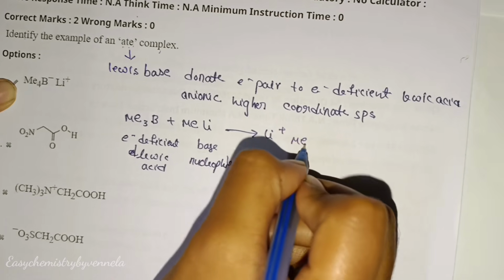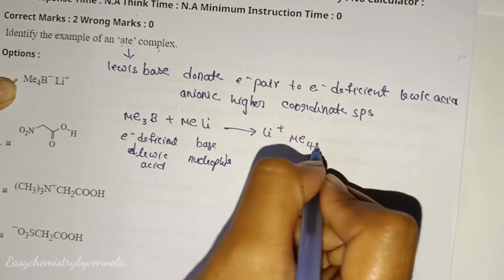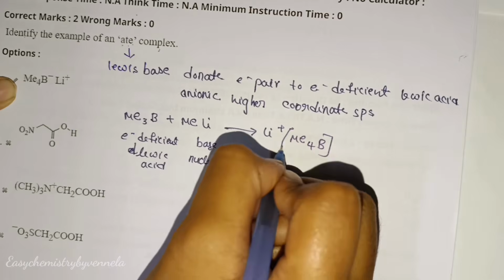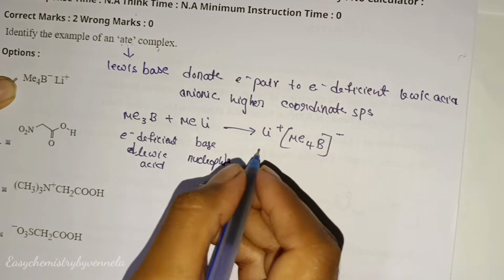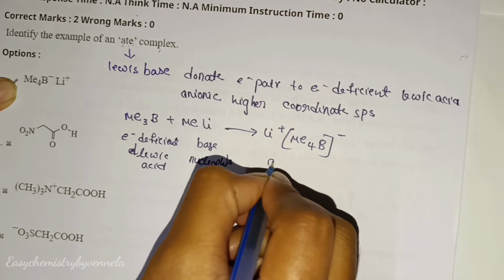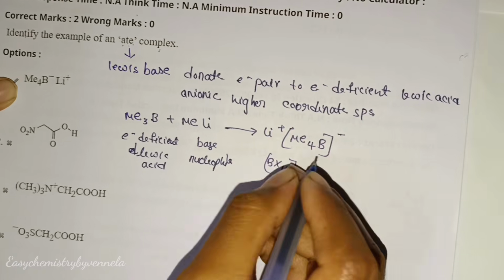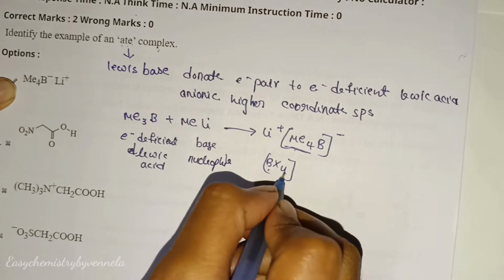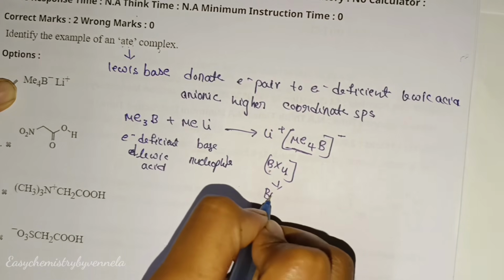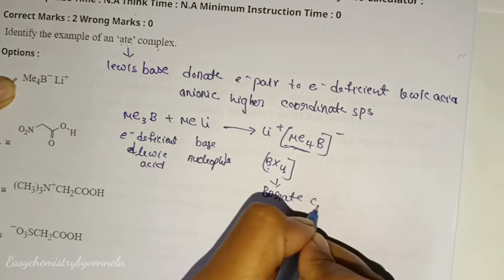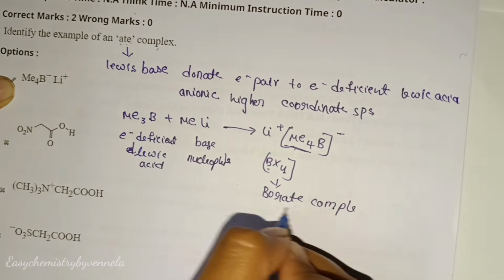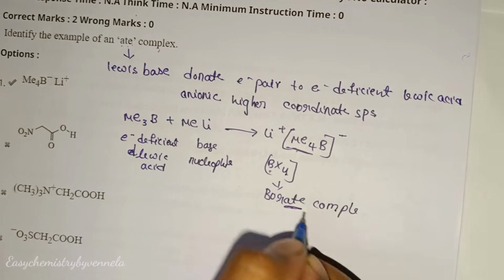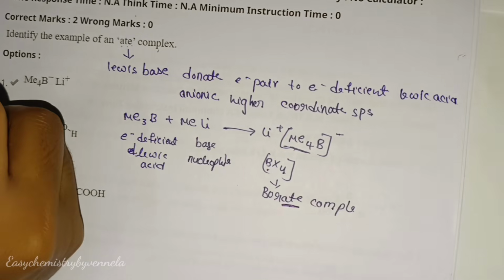Lithium plus tetramethyl borane. Here BX4, this one, this is the borate complex. See here ATE. So correct option is methyl lithium.